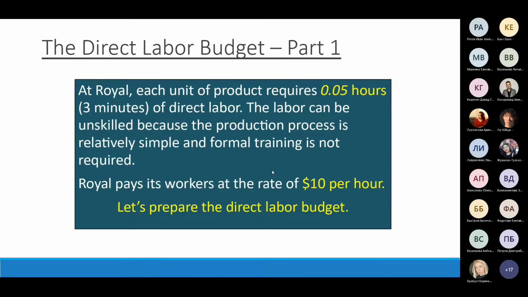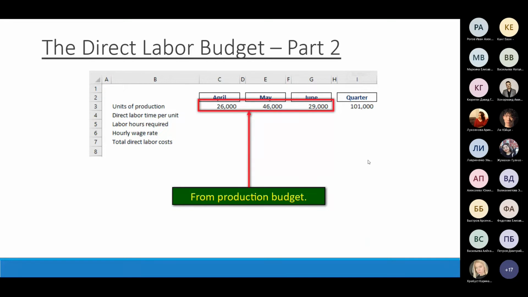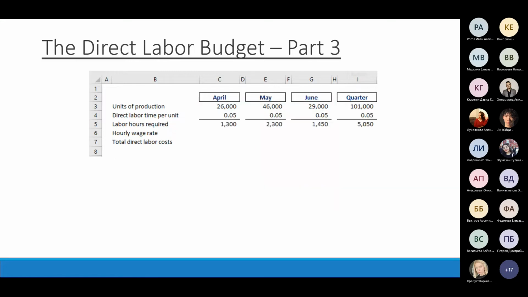Then we move to the direct labor budget. Using this new information, let's try to understand how this process is organized. We use the number of units from the production budget. Then we use the normative for direct labor time per unit, and we get the labor hours required.